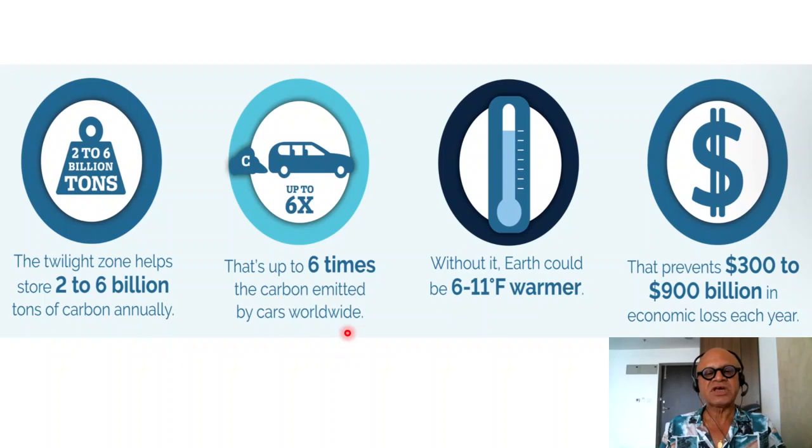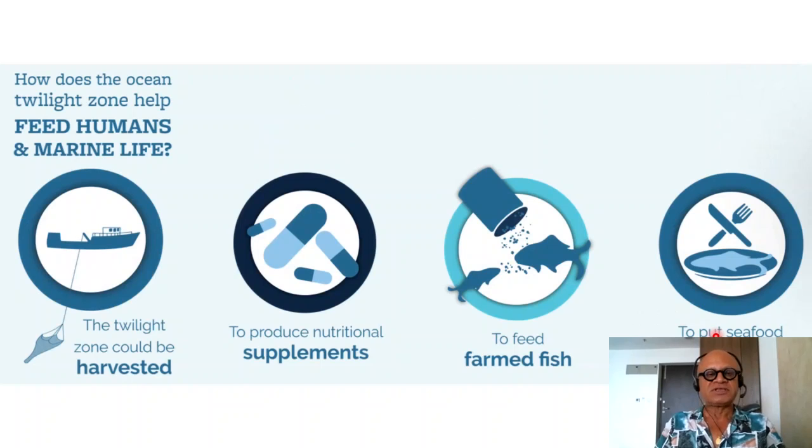So that's up to 6 times the carbon emitted by all the cars worldwide. And without the mesopelagic zone, or the twilight zone, Earth would be 6 to 11 degrees Fahrenheit warmer, and that prevents $300 to $900 billion in economic loss each year, just to give you a sense of proportion of the role of carbon that's being stored by the twilight zone.